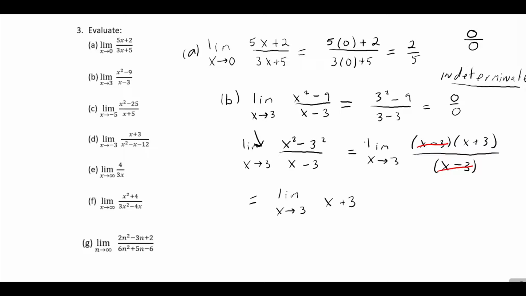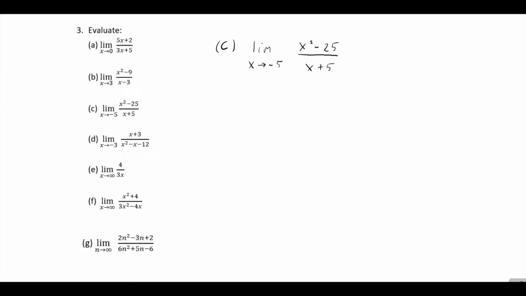So if you put in 3 in there, you're going to get 3 plus 3. And if you remember our example earlier on, where we kept putting in 2.5, 2.9, 2.999, we got closer and closer. That is the thing that we were approaching. So we were approaching 6. So by using this method, we can find it without having to sub in them individual values.